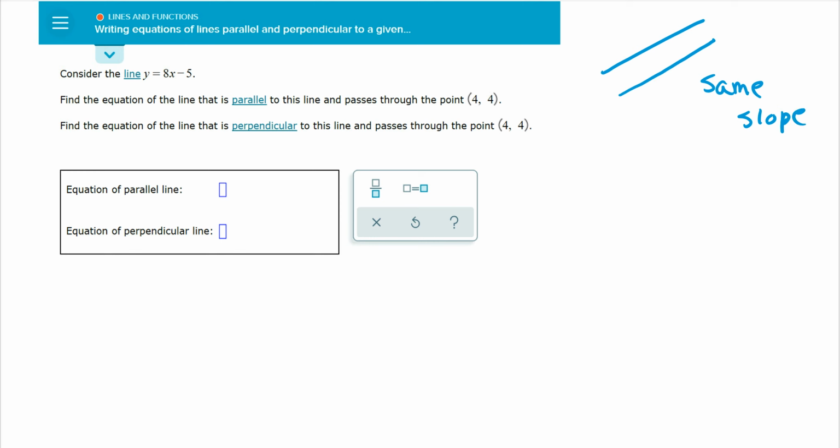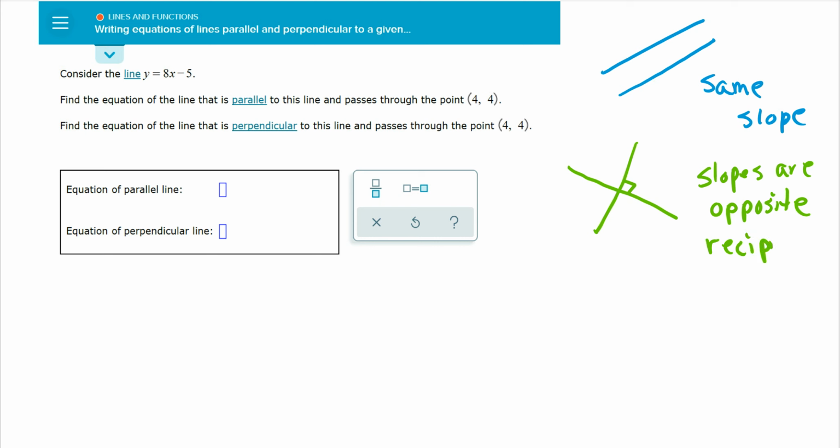Now, if you're talking about perpendicular lines, which are two lines that intersect at a 90-degree angle, and that little square means 90 degrees, their slopes are actually opposite reciprocals. And this is the part you have to remember.